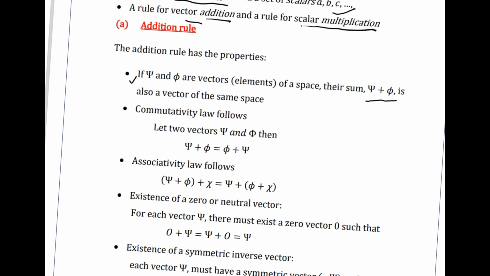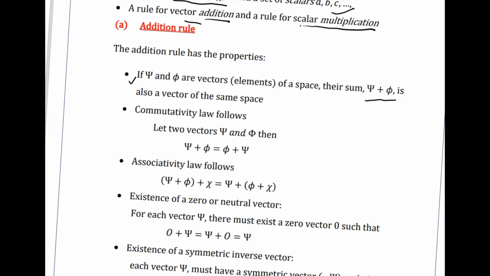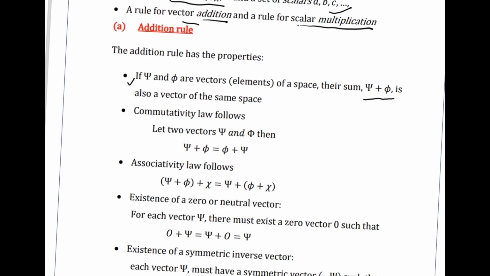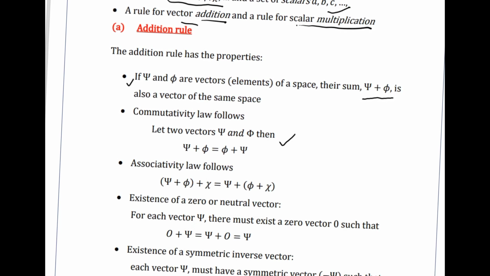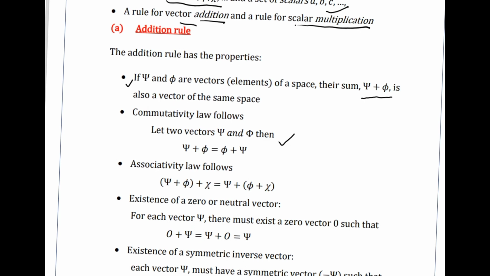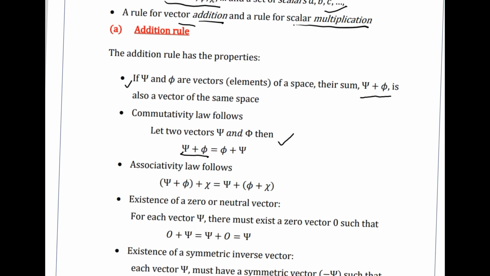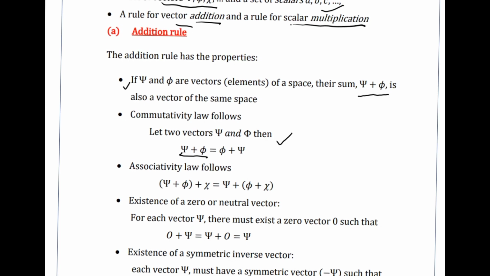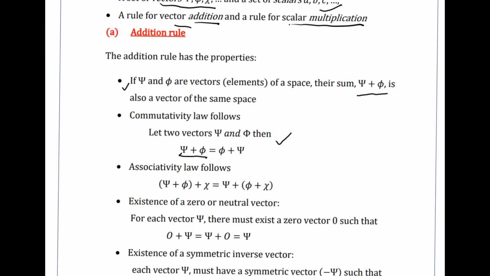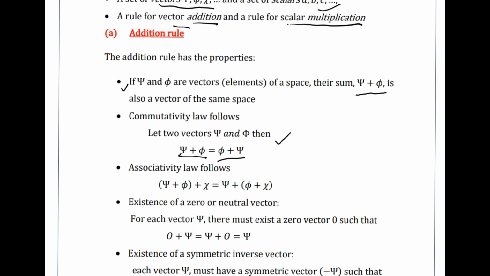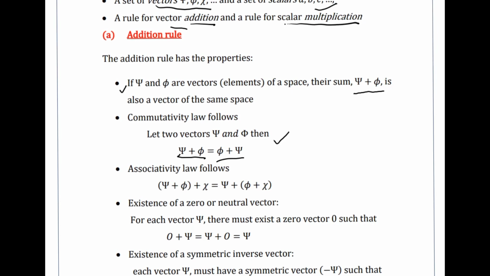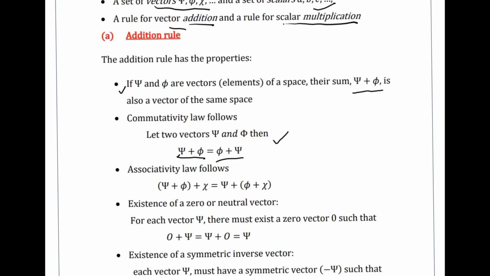Second property, if you have two vectors psi and phi of the vector space, then psi plus phi is also the vector of the vector space and phi plus psi is also the vector of the vector space. That means psi plus phi and phi plus psi both are equal.